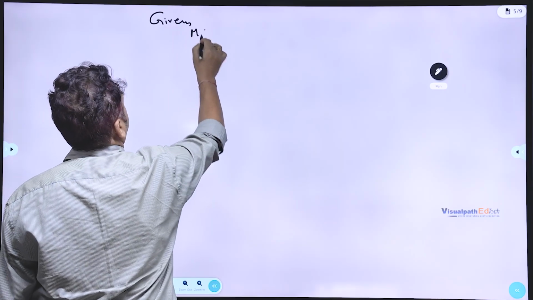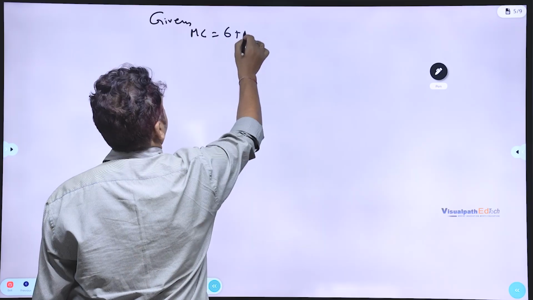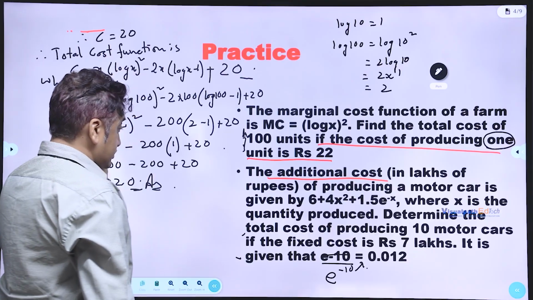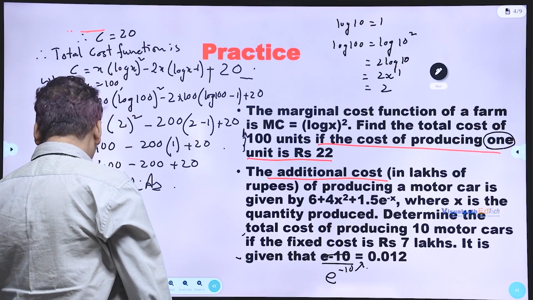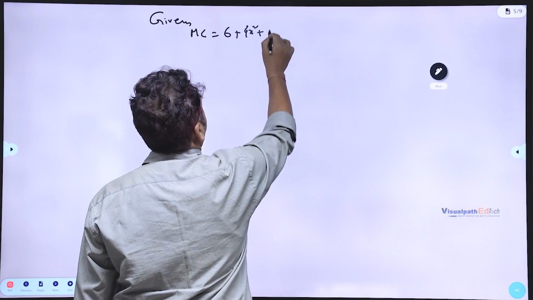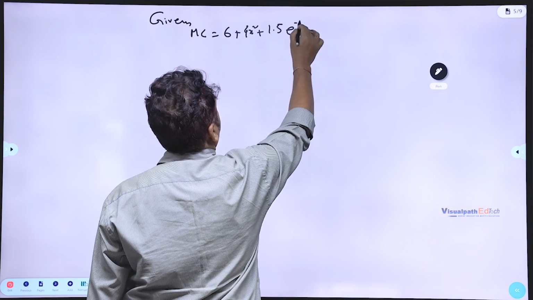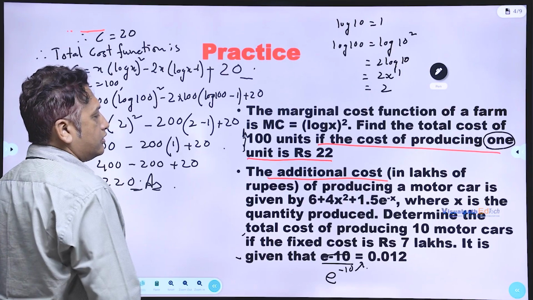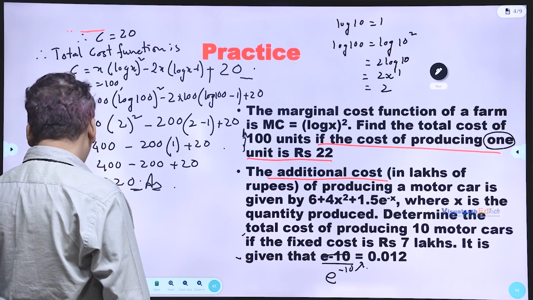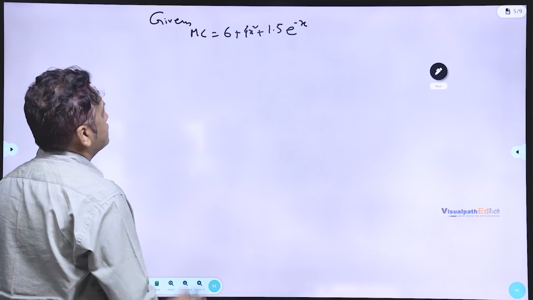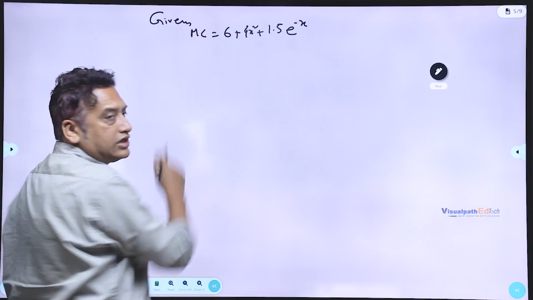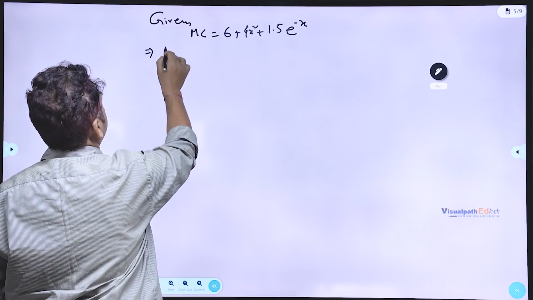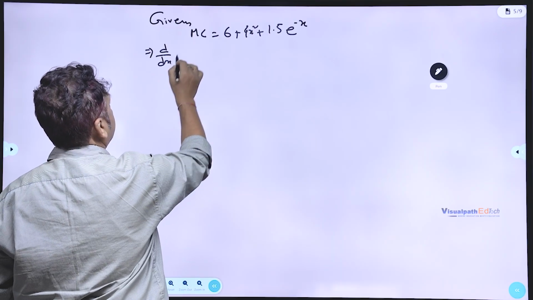Given MC, marginal cost, is equal to 6 plus 4x squared plus 1.5 into e to the power minus x. That is what is given to us. Now we know that marginal cost is nothing but d/dx of total cost.